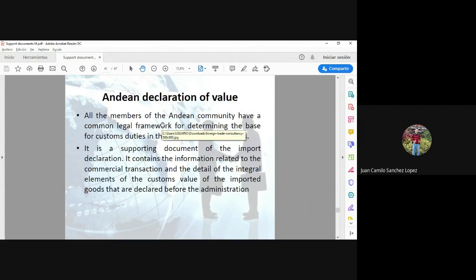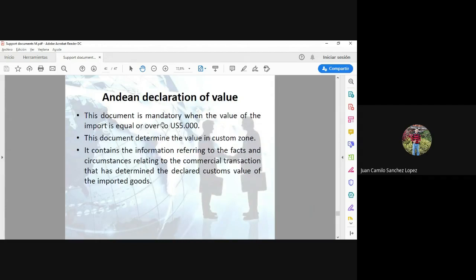It is necessary to present it when the merchandise comes from one of those countries, and also when the value of the importation is over $5,000. If the merchandise comes from those countries and the value of the importation is over $5,000, it is mandatory to present the Andean Customs Declaration.